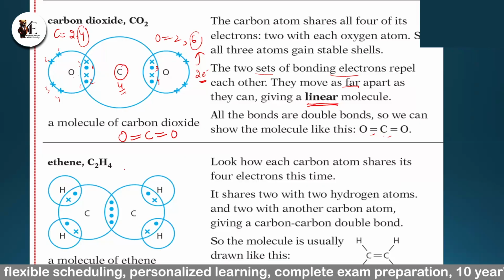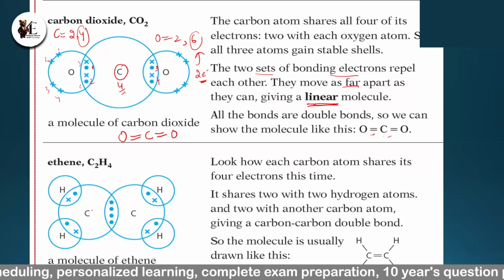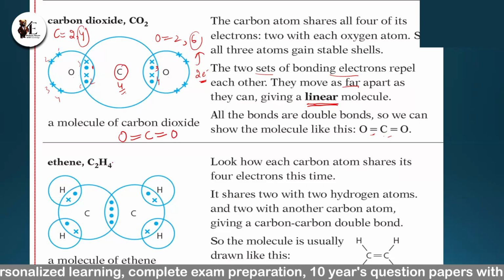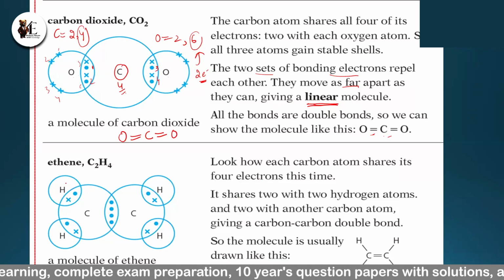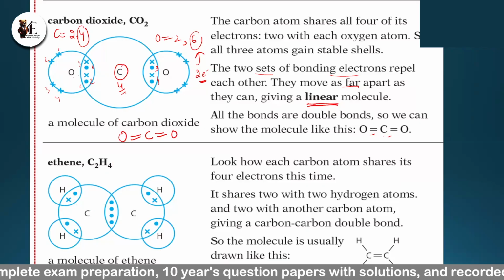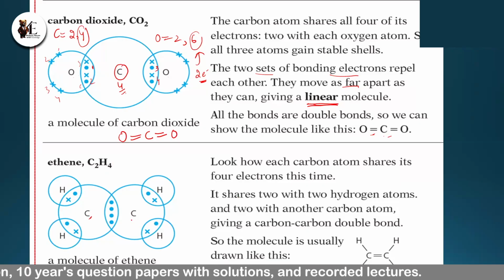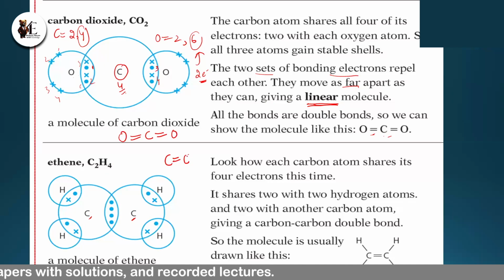Similarly for ethene, C2H4, carbon has 4 electrons, hydrogen has 1 electron. Hydrogen shares its 1 electron with this carbon, and this carbon shares electrons with the other carbon to achieve stability, to have 8 electrons in its valence shell.